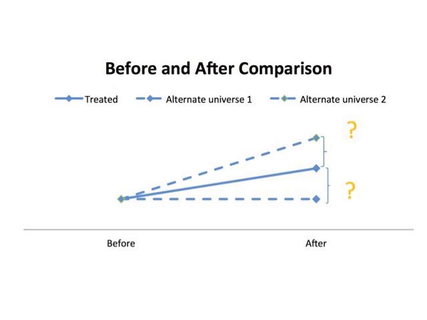With no control, we have no idea what might have happened if we hadn't run the program. It's possible that the outcome variable would have increased or decreased on its own. If this were the case, our estimate of the program's effect would be very wrong. The point here is that we shouldn't make such assumptions.